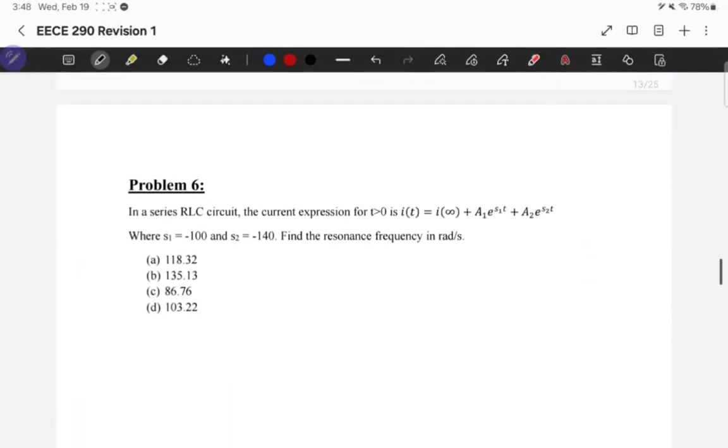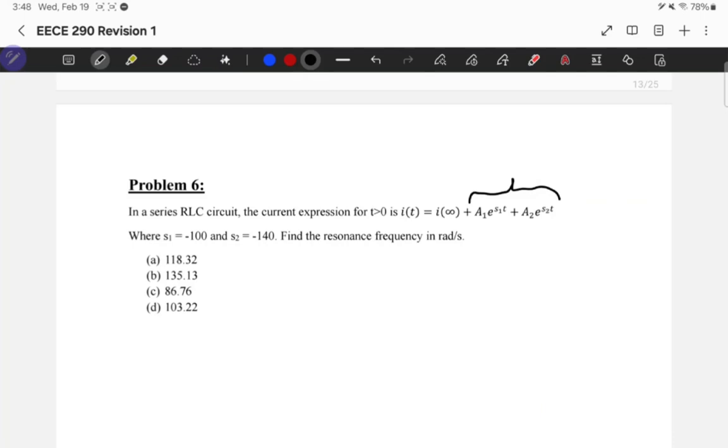So here in problem 6, we have a series RLC circuit, and the expression of the current for time greater than 0 is I of t equal to I at infinity plus these terms in here, where S1 is equal to minus 100 and S2 is equal to minus 140.